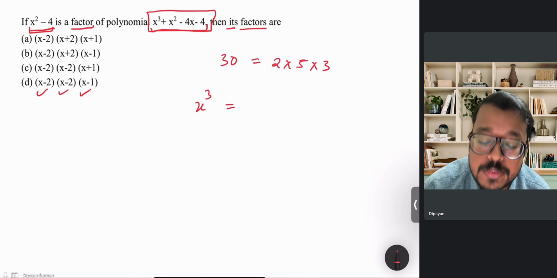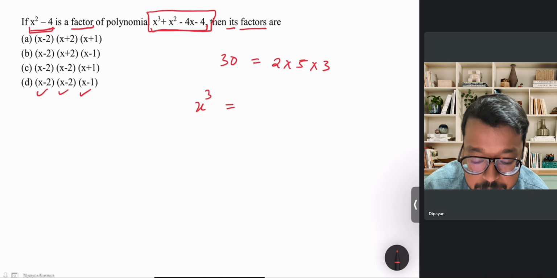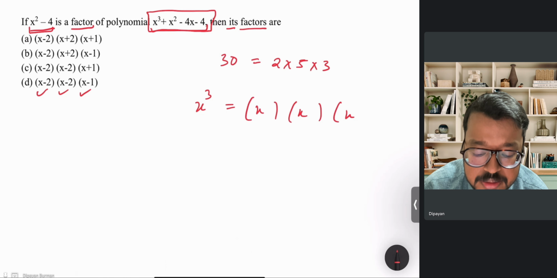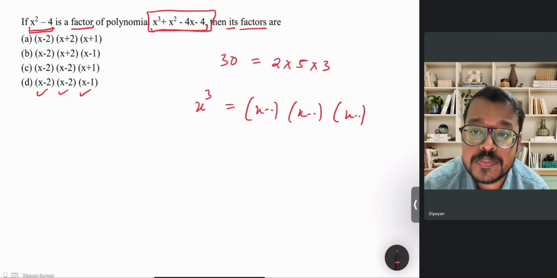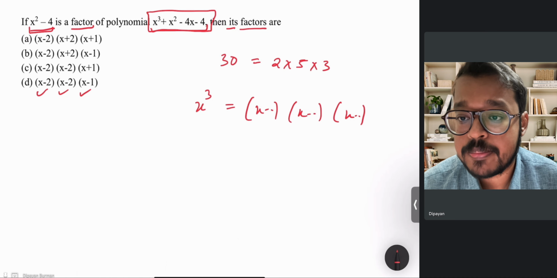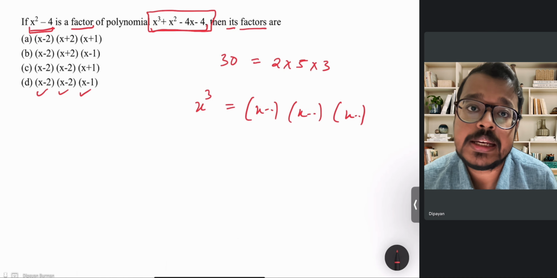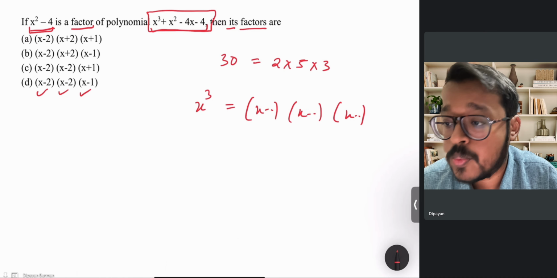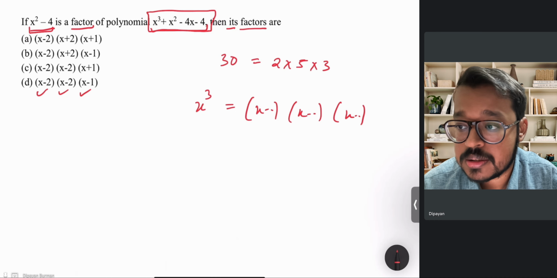Most of the times, may not be always, but a cubic polynomial may be factorized and you will get 3 linear polynomials, something with x. So they are trying to ask us this question here, that this cubic polynomial, when factorized completely into linear factors, which is the correct factorization.